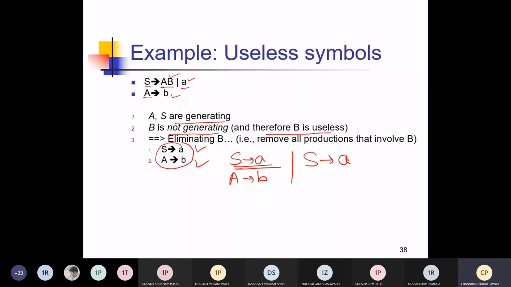Terminal a. Means only one string is there that this production is going to produce, that is a only. This non-terminal A is not in the production of the starting symbol. So it is not going to appear anywhere. So as it is not going to appear anywhere, it is not reachable.